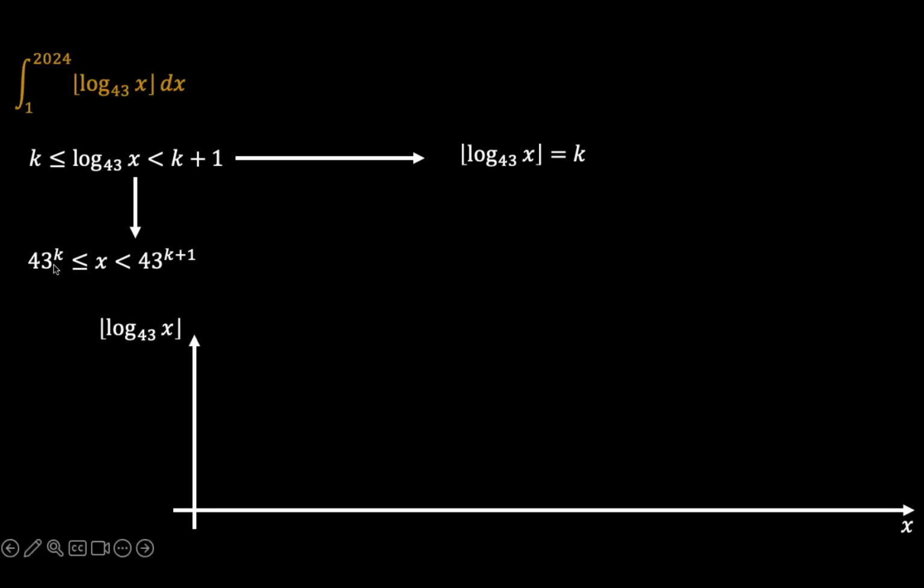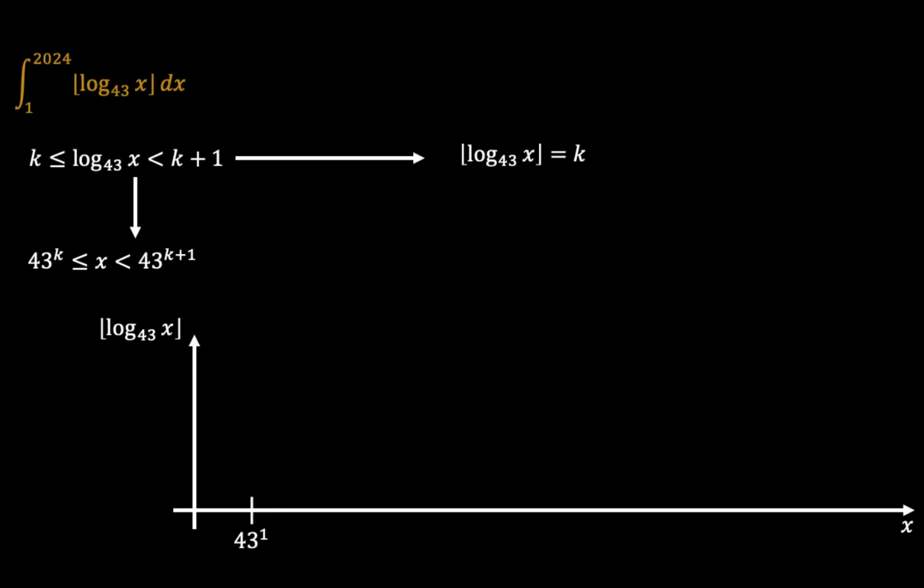So when k is 0, obviously this is 1, and therefore between k equals 0 and k equals 1, the floor function is going to be k, which is 0.